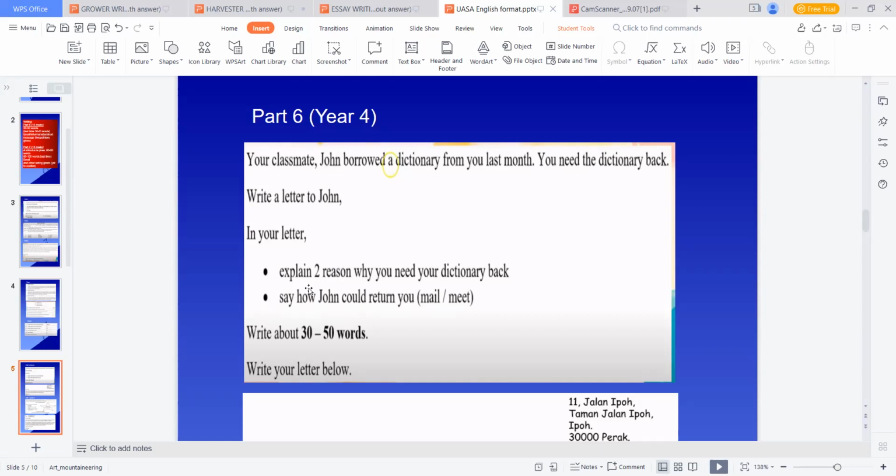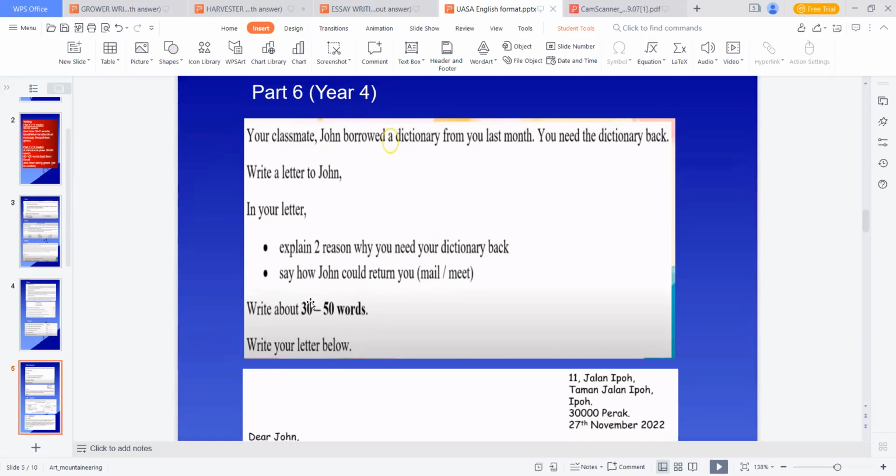In your letter, explain 2 reasons why you need your dictionary back. Say how John could return it to you, by mail or in person. Write about 30 to 50 words. This one is an informal letter. They will ask you to write these 2 pointers, and you have to elaborate the 2 pointers.